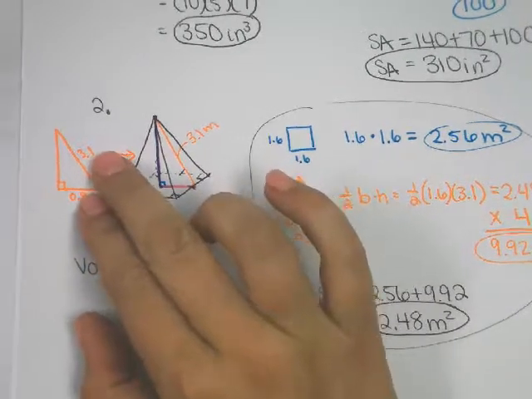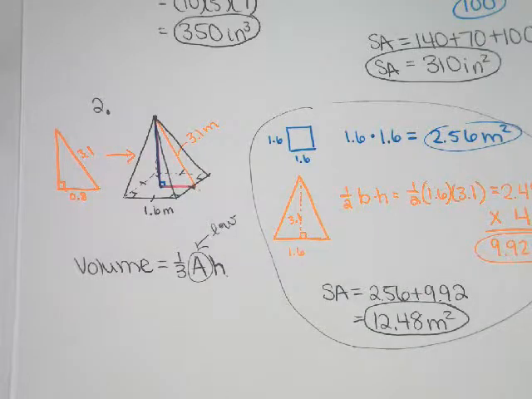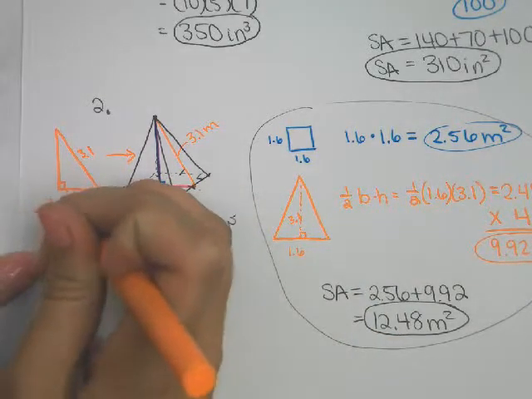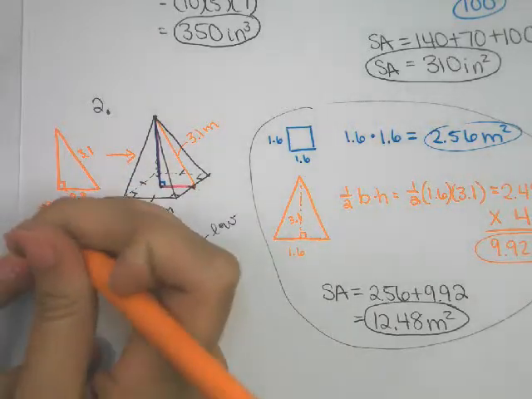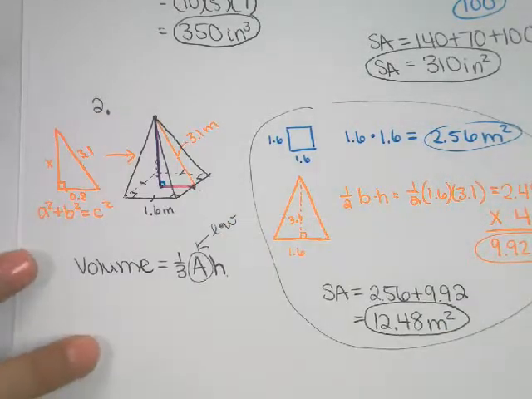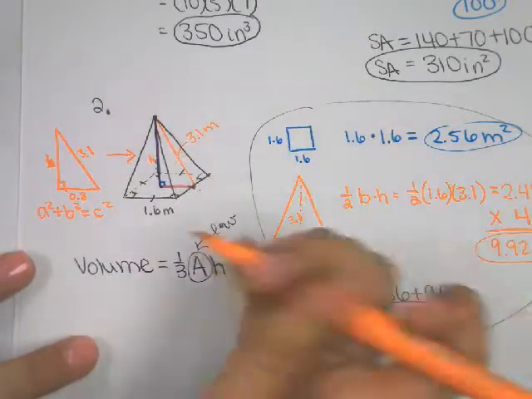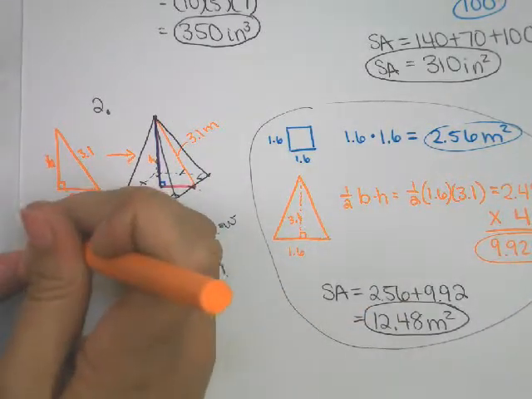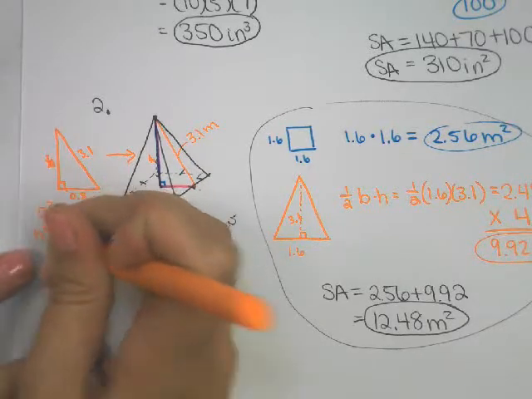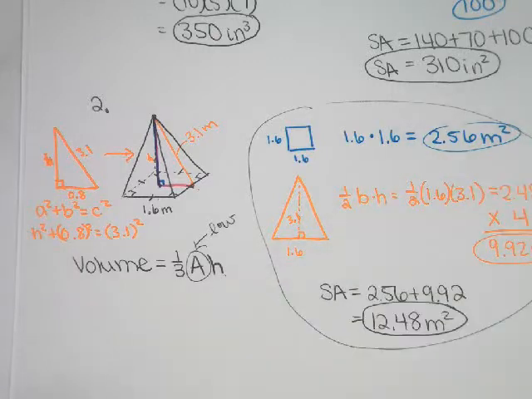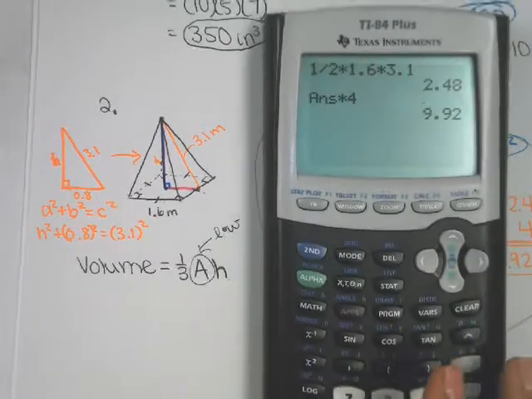We have two sides of a right triangle, and we want to find the third. So for this, we can use the Pythagorean theorem. Let's call that x, that's what we want to find, or you could call it h, because it is the height of your shape. So h squared plus 0.8 squared equals 3.1 squared. Some squaring to do.